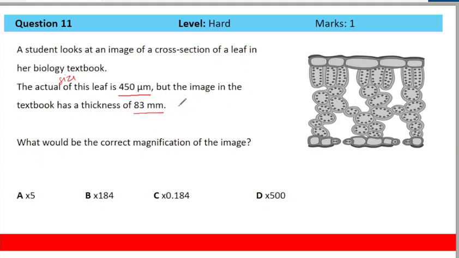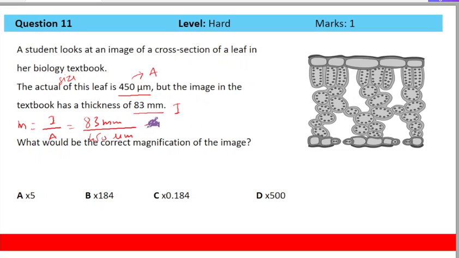This is the image size, and this is the actual size. You have to find out the magnification. You can use this formula. Magnification is equal to image size divided by actual size. What is the image size? Image size is 83 millimeter, and actual size is 450 micrometer.